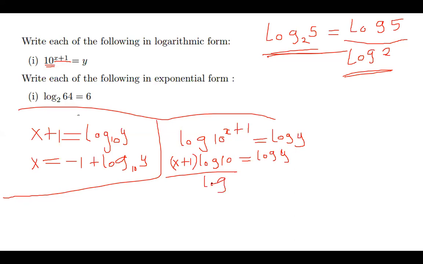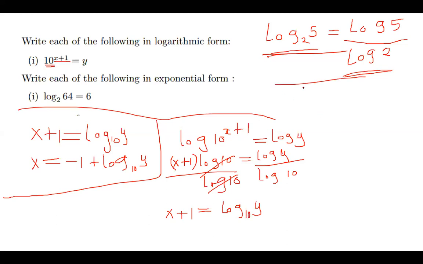And then you divide both sides by log 10. You can see that that log 10 and that log 10 will cancel, and we just remain with x plus 1 this side being equal to log y over log 10, which can also be written as just log y base 10.